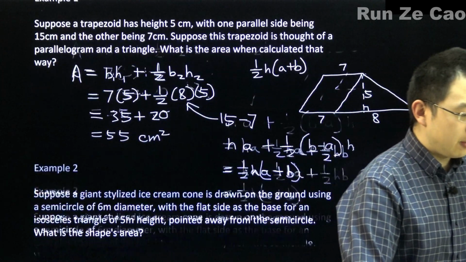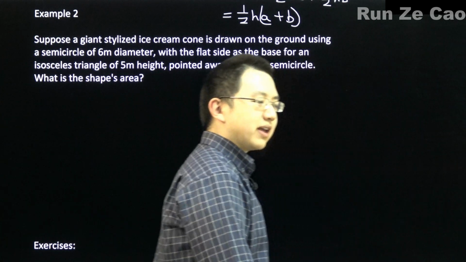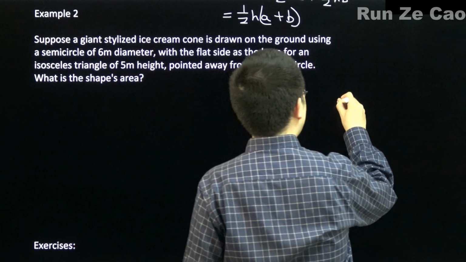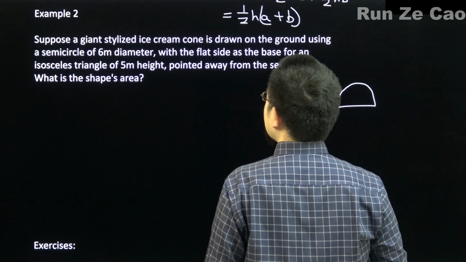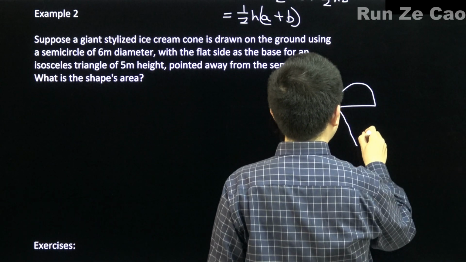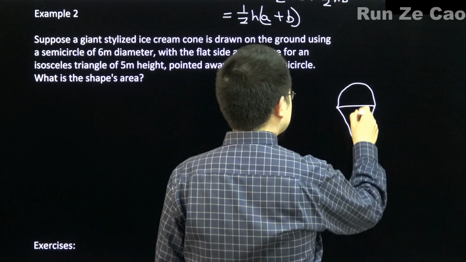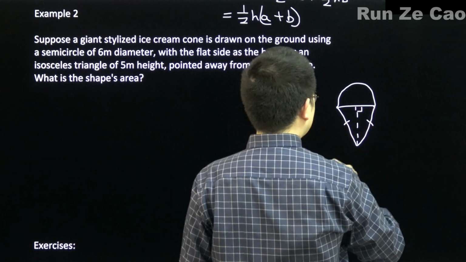Okay, now suppose somebody decides to draw a gigantic stylized ice cream cone with a semicircle and a triangle. Okay, so these two sides are equal.